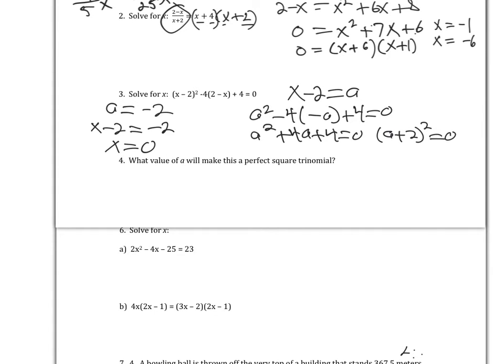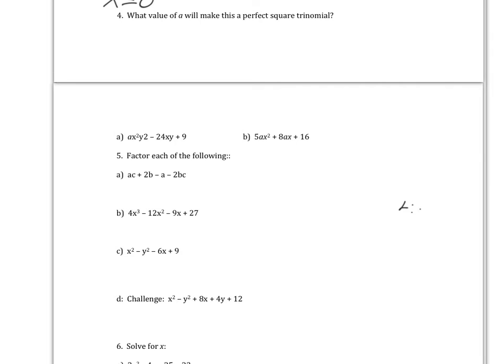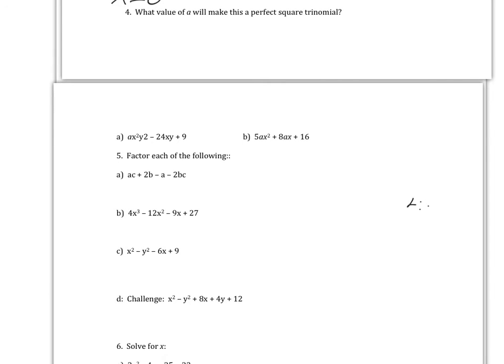Okay. All right, now we want to find out what values of a will make each of these a perfect square trinomial. So down here, this should be y squared. So we know that we're going to have 3 as our constant, because we want the square root of that. We know that this thing right here is double the product of 3 and the square root of this term here.